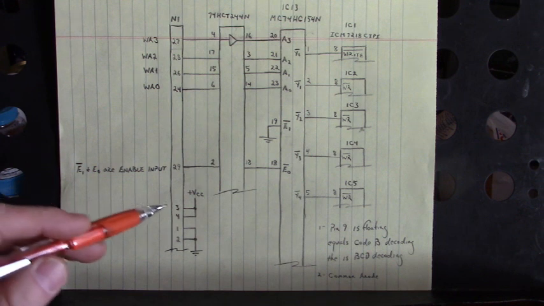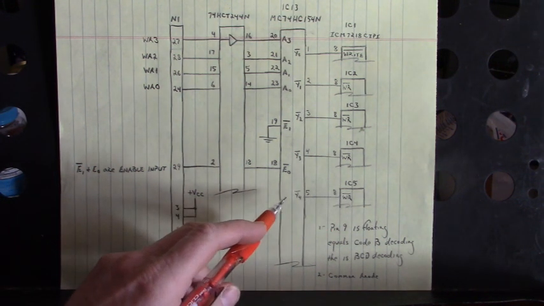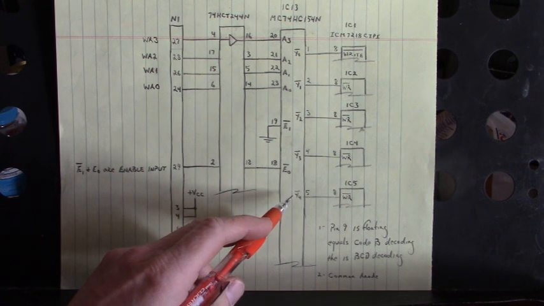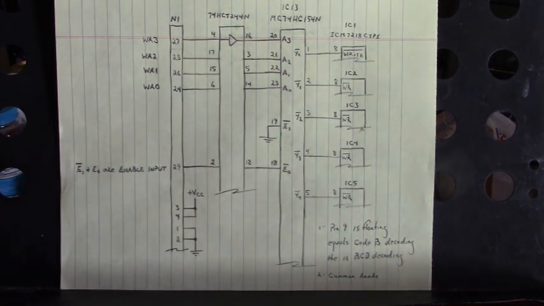If I wanted to write, for instance, to IC5, down here, Y4 on pin 5 is connected to write address on IC5.